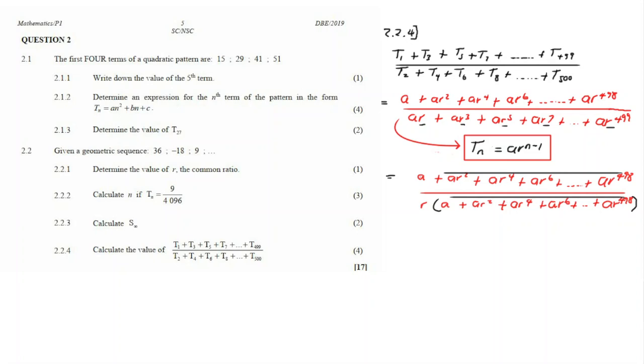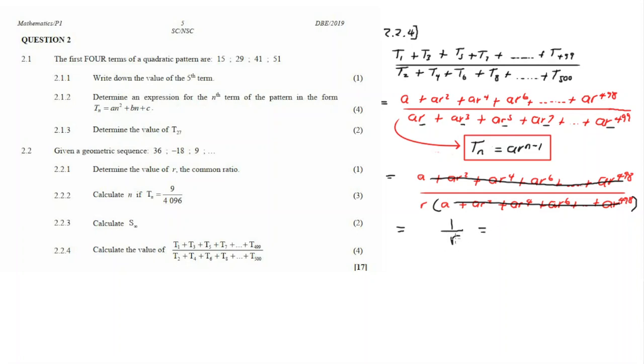So this cancels with this, so eventually I end up with 1 over r. By reducing this expression, I've reduced it to 1 over r, and I do have the value for r.